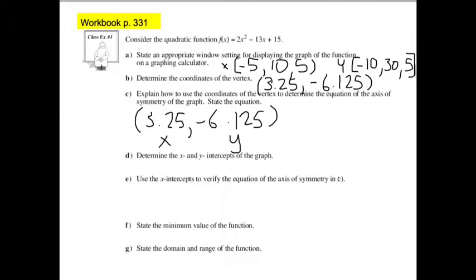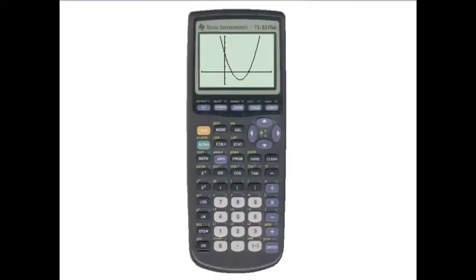Now, the equation of the axis of symmetry is equal to the x value of your vertex. So your equation of the axis of symmetry is going to be x is equal to 3.25.